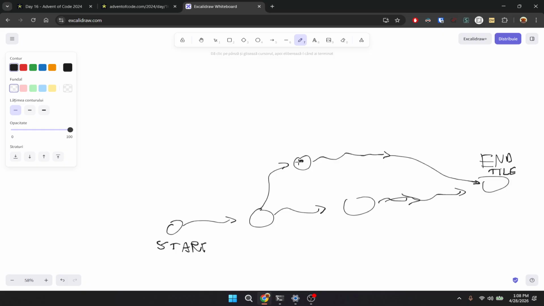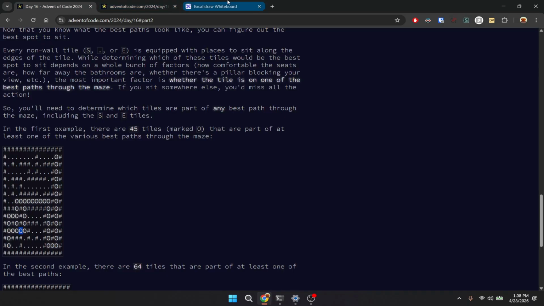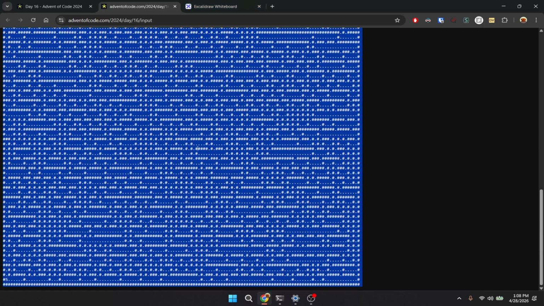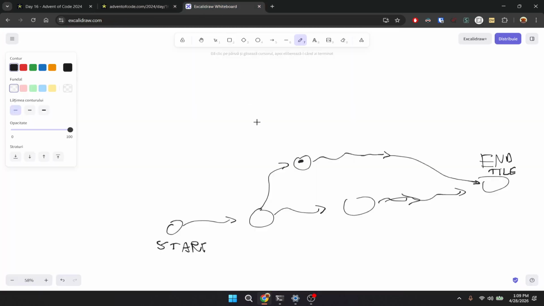So what sort of property does this node over here respect? That's the main question. I guess the minimal distance from your start node to this node.